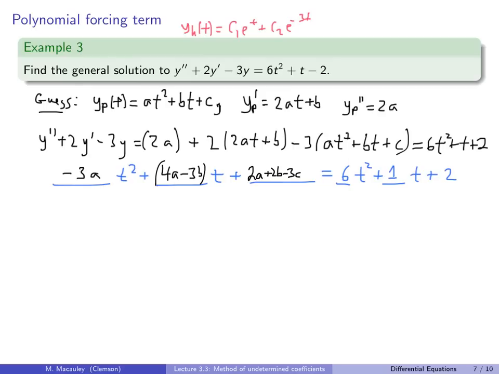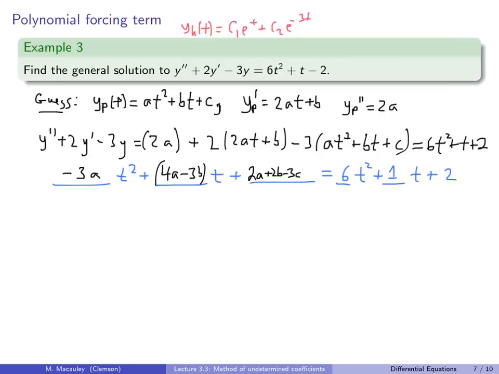So this gives us a system of equations. Let's say a word about that. The left-hand side and the right-hand side are both degree 2 polynomials. And if they're the same, then the coefficients better be the same. So this coefficient better be equal to 6, this coefficient better be equal to 1, and this better be equal to 2.